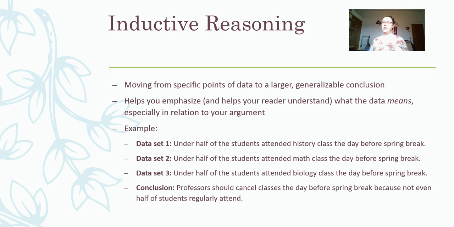But as you saw, we can reach a number of different conclusions about what that data can mean. It can either mean, hey, professors should just cancel class, or no, professors should make students attend class, or even no, professors should offer students extra credit for attending. So you can see how there isn't a lot of certainty in inductive reasoning.